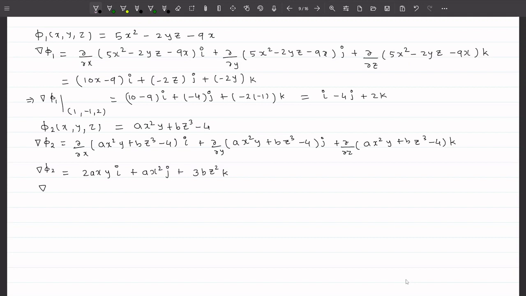Now we need to find the gradient of phi 2 at the point (1, −1, 2). So the value of x is 1, y is −1 and z is 2.